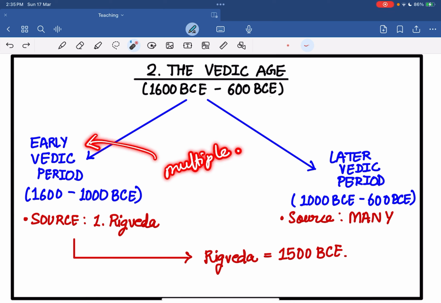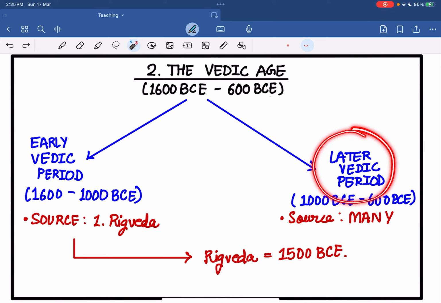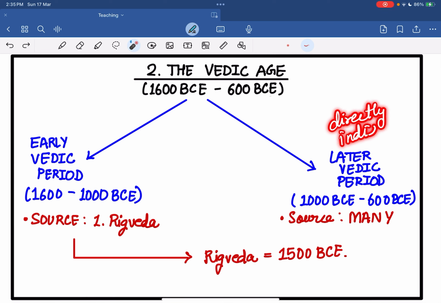We draw classifications and certain comparisons, some similarities from different sources. But one source directly talks about the early Vedic period, and that source happens to be our Rigveda. For the later Vedic period, we've got multiple sources that directly or indirectly talk about it.